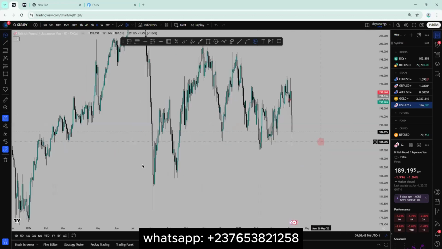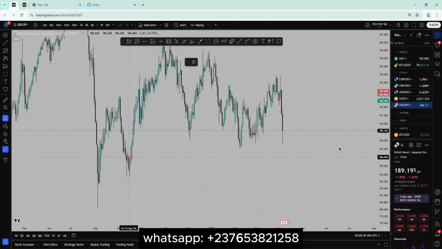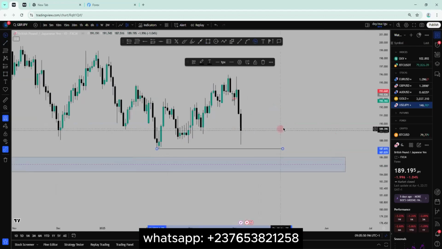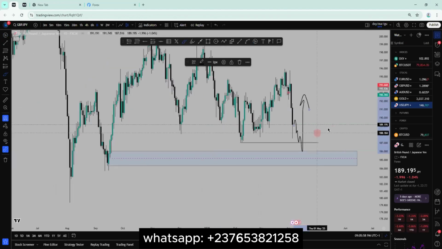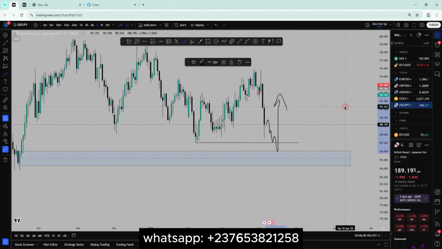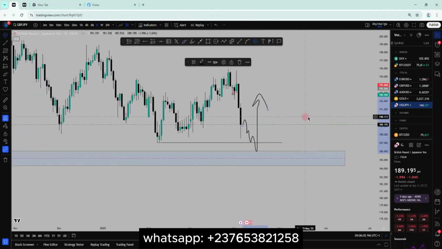I think we spotted this other block some time ago. Price is coming down to it. We have not grabbed this low, so we can have something like that. That's GBP JPY. Okay, nothing much on it. Which other asset have I not checked? Which one is that?